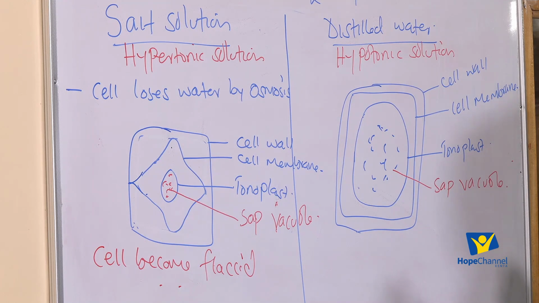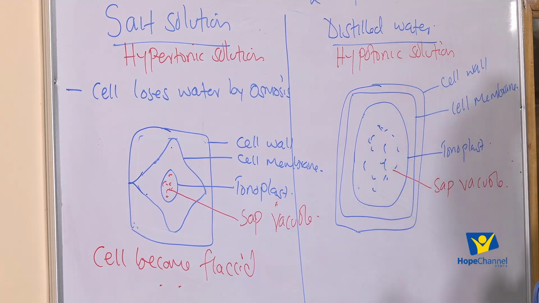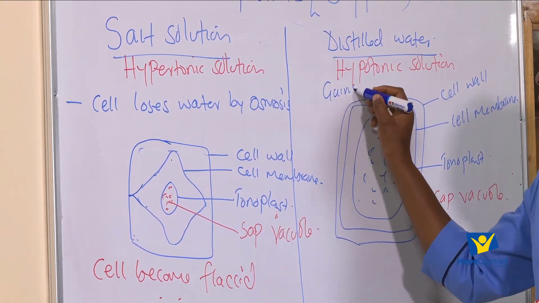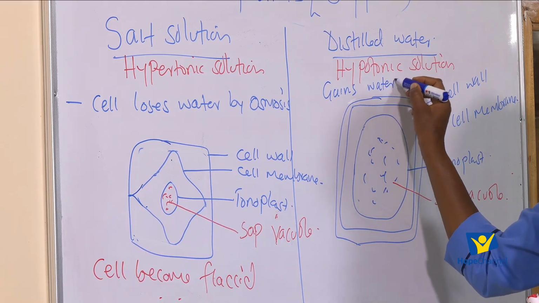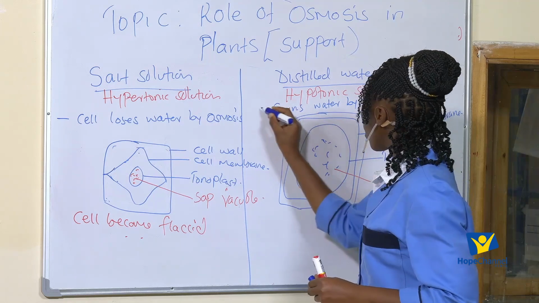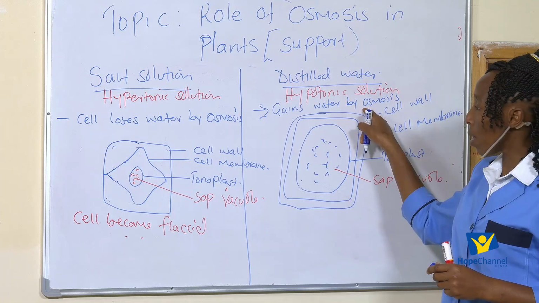Number one, you realize that if you place a plant cell in distilled water, the plant cell does what? Gains water by osmosis. Okay? The cells gain water by osmosis. Why?